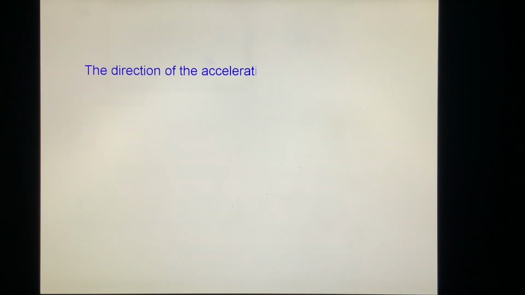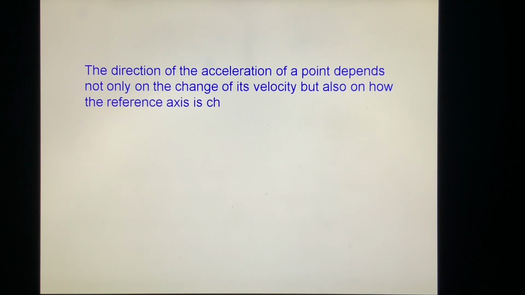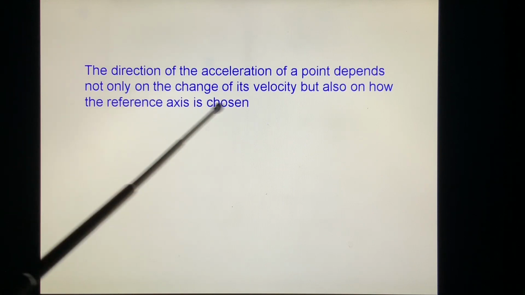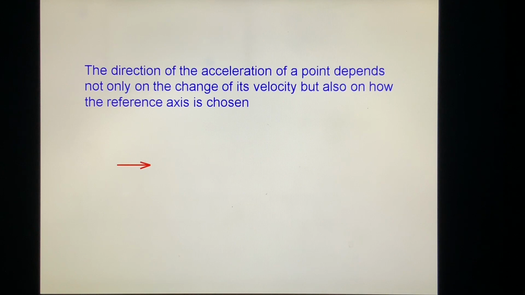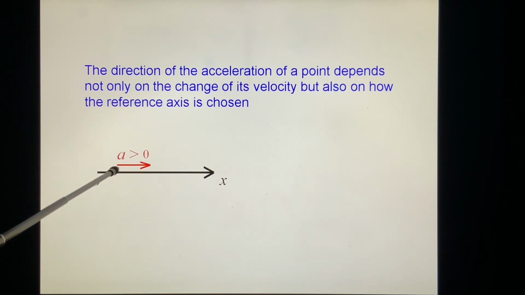The direction of the acceleration of a point depends not only on the change of its velocity, but also on how the reference axis is chosen. For example, this is the acceleration. If we take the reference frame positive to the right, then this a is larger than 0.